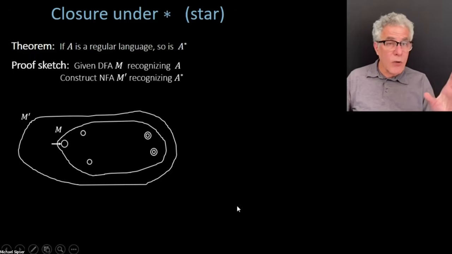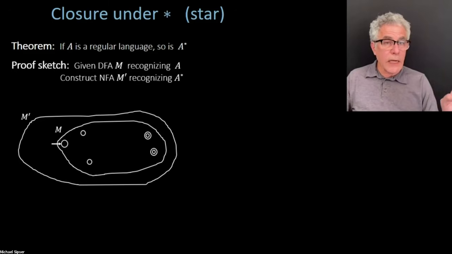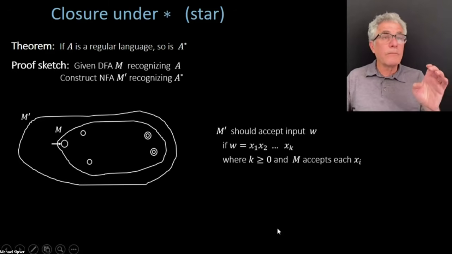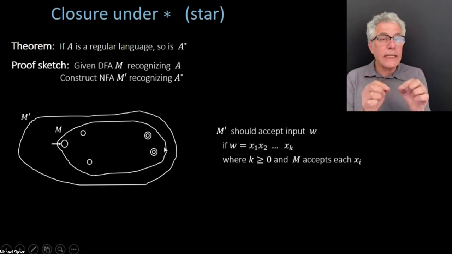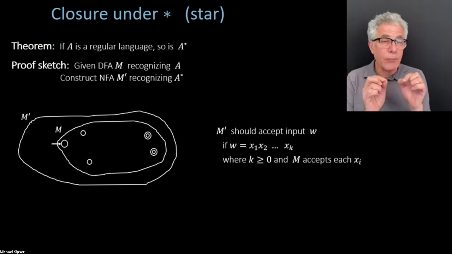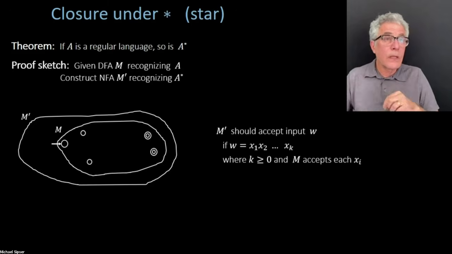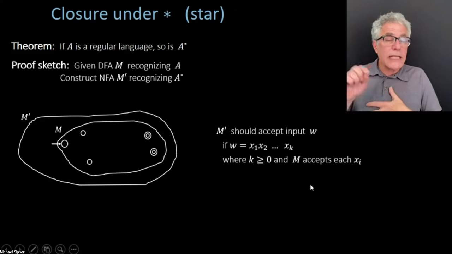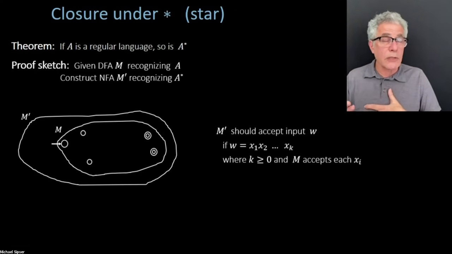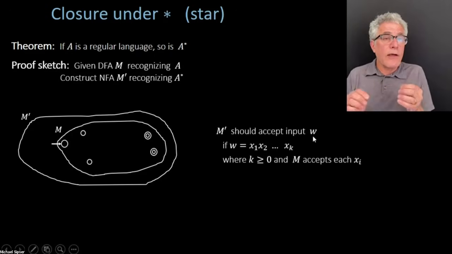And let's think now, what does it mean to recognize A star? When should M prime, if I give it an input, accept it as being in the star language? Remember what star is. Star means you can take as many copies as you like of strings in the original language, and that's in the star language. So to determine if something's in the star language, you have to see, can I break it up into pieces which are all in the original language?